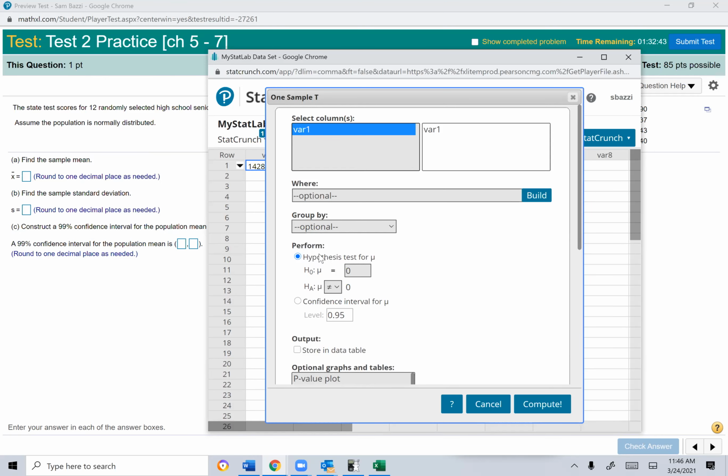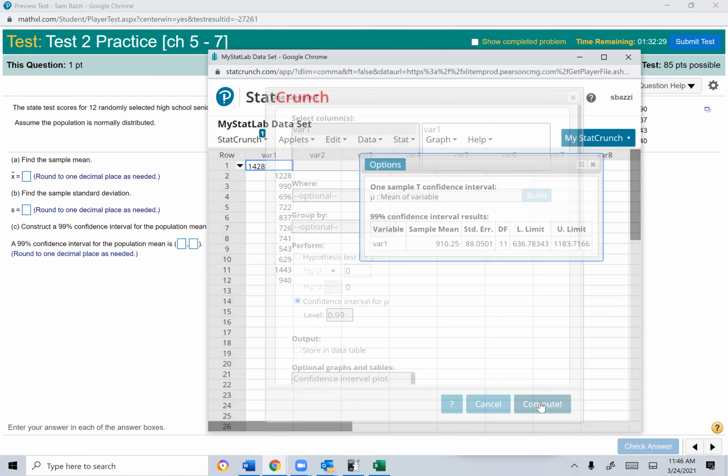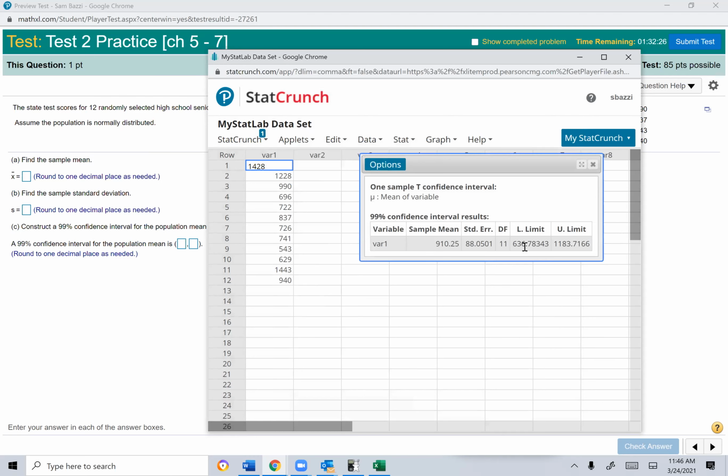Variable 1, look here and choose the level. 99%. That's it. Compute. Oh, I didn't put 0.99. Didn't take it. Here you go. Your interval bounds are 636.78, 1183.7166, and you round it to 1 decimal place. So it will be 636.8, 1183.7.